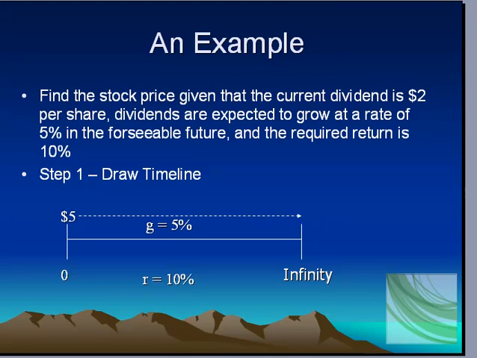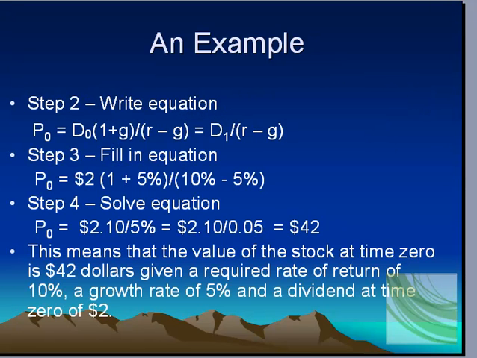If the current dividend is $2, dividends are expected to grow at 5%, and the required rate of return is 10%, you're discounting the dividend at the 10% rate of return to find the value. The growth model says you take the dividend and divide it by r minus g.